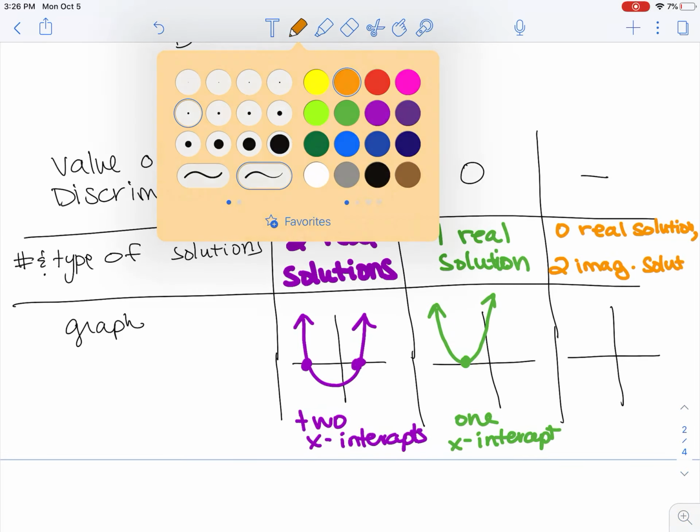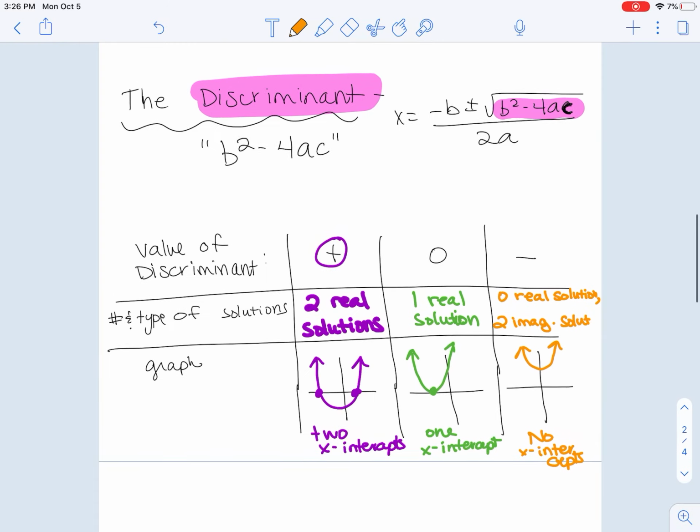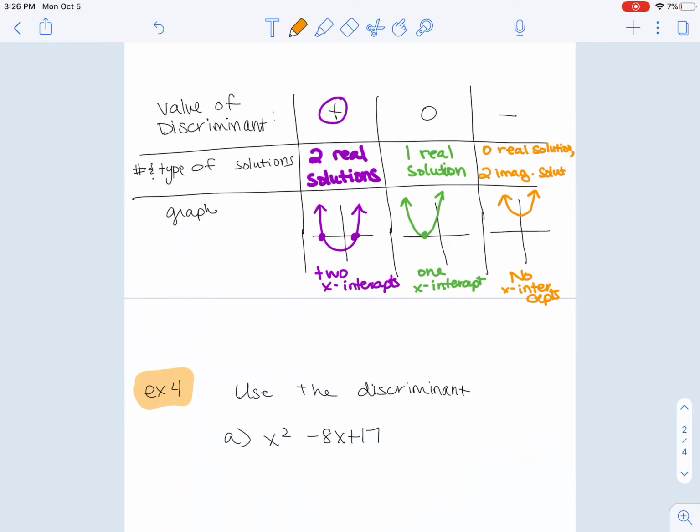And then the last one will never hit the x-axis, so it has no x-intercepts. Okay, so keep that in mind. Our discriminant comes from the quadratic equation, but the discriminant tells us several pieces of information that we need to know about our quadratic equation.